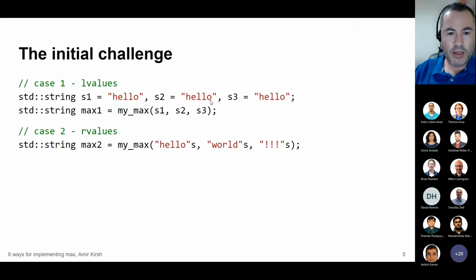I think that while preparing the slide, I didn't change them, but you can ask for the maximum of all 3 allows. It should work as well. We have here 2 calls, one with lvalues and the other one with rvalues. And by the way, it is rvalues of a string. The additional s at the end, if we had using namespace std string literals, this would make that a string.